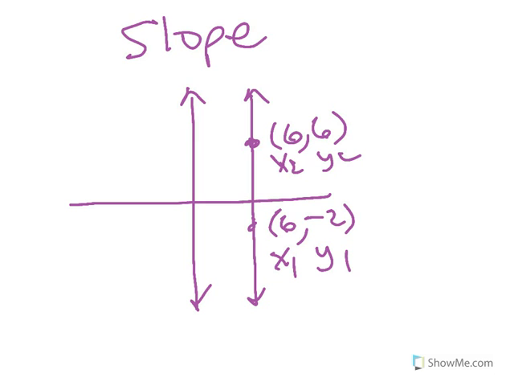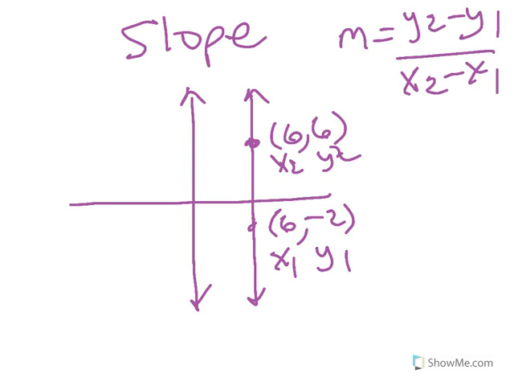Recall our formula, y2 minus y1 over x2 minus x1. So we have 6 minus negative 2 all over 6 minus 6. So you have 8 on top, 0 on the bottom.